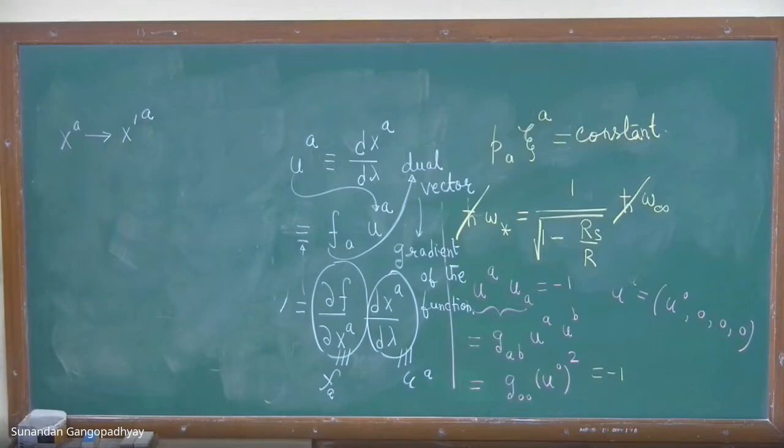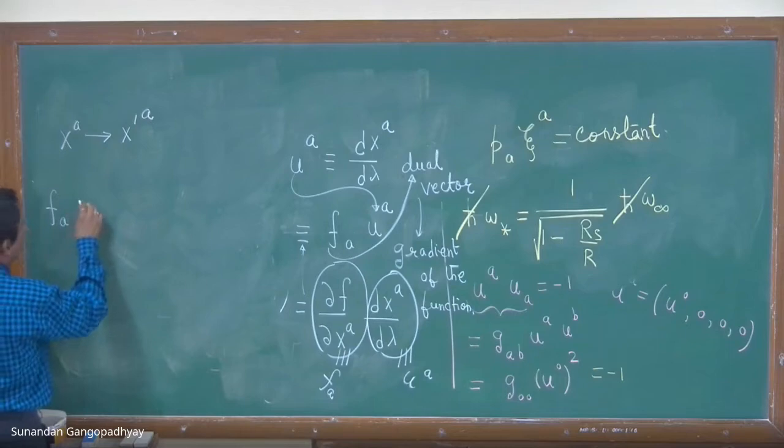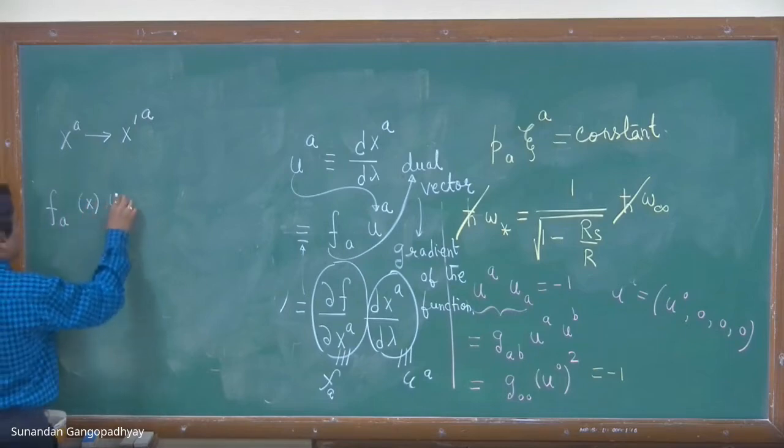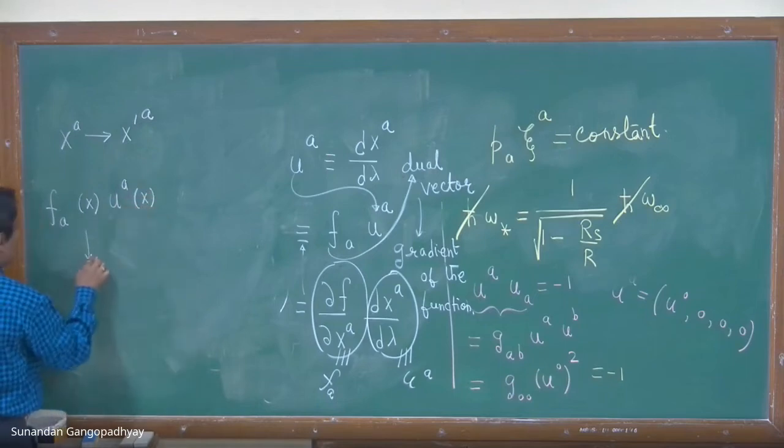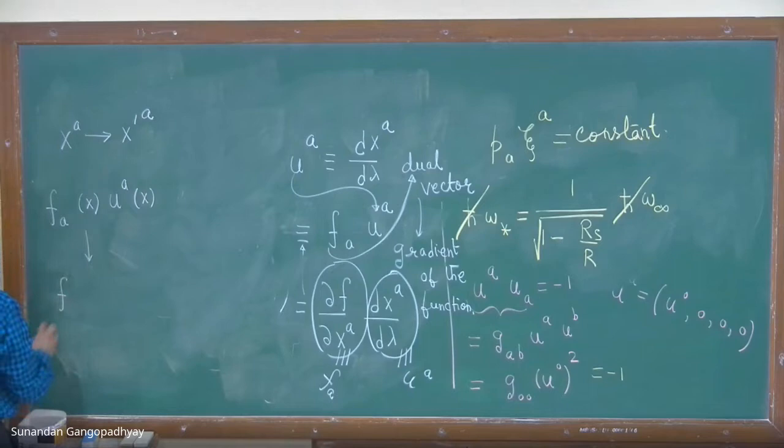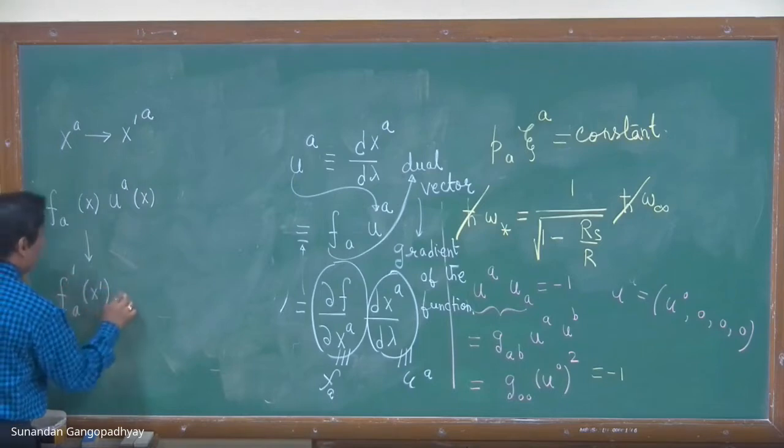Under this coordinate transformation, f a of x, which is also a function of x, will transform to f prime a of x prime.